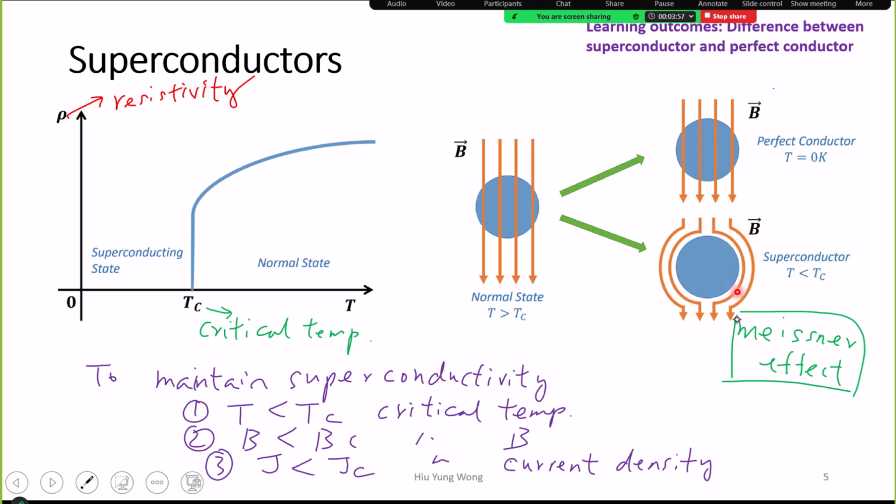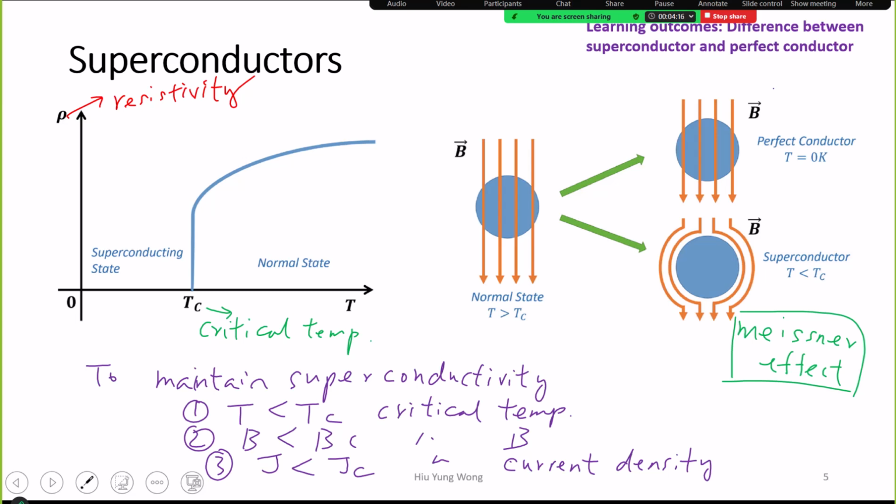But if it is a superconductor, it will all get repelled. And that is the principle of the magnetic levitation for the high-speed railway train, right? So this Meissner effect is another test for superconductivity.